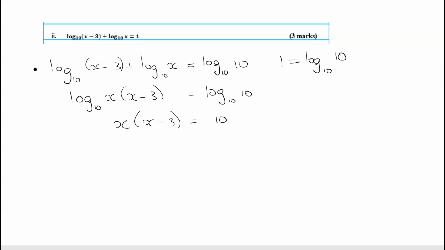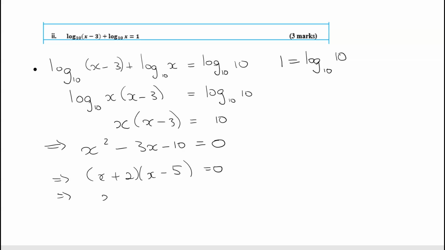Now that's almost written like a quadratic, but we can force the issue and make it into a quadratic that we can solve. Now we're ready to solve it. We can factorize it, or you could use the formula. And that tells us that x is equal to -2 or x is equal to 5.